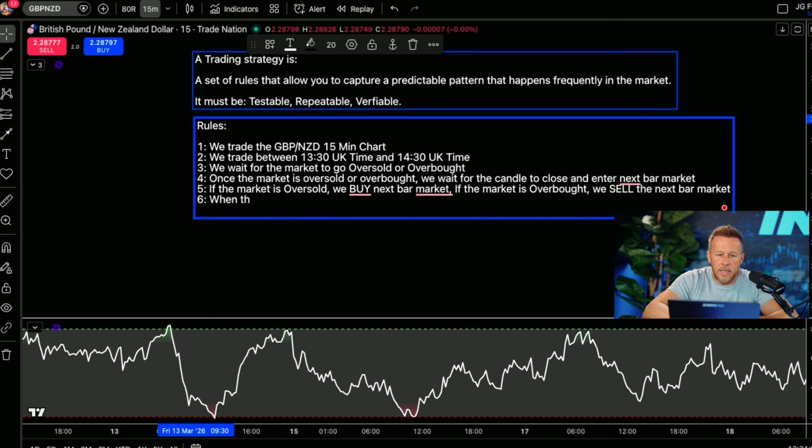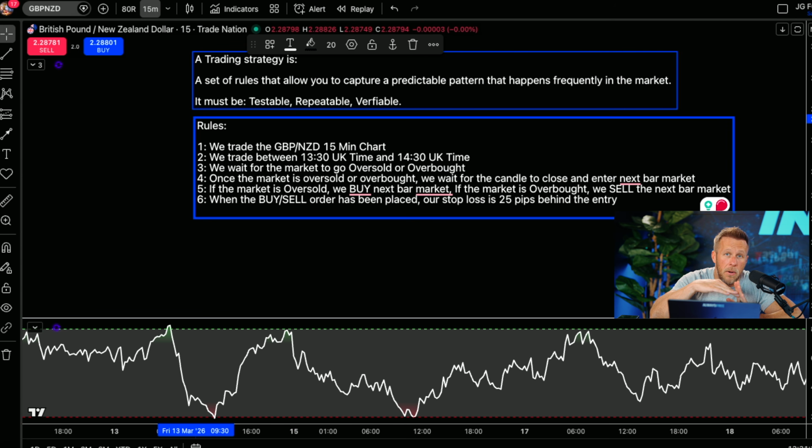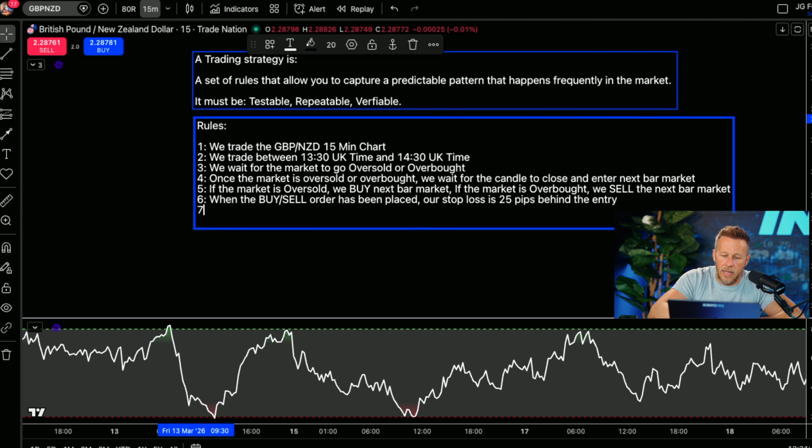Number 6, when the buy or sell order has been placed, our stop loss is, let's say, 25 pips behind the entry. That obviously means if we're buying, our stop loss goes 25 pips below, and if we're selling, the stop loss goes 25 pips above. And then 7, our target is, let's just do 3 to 1. Sod it.